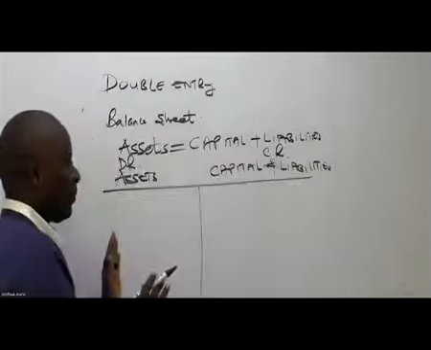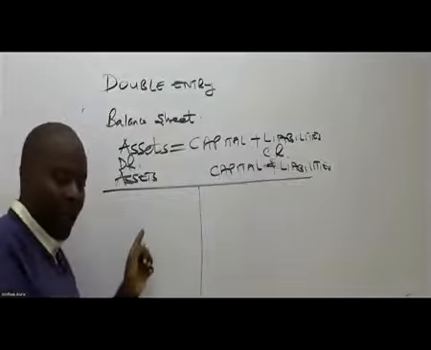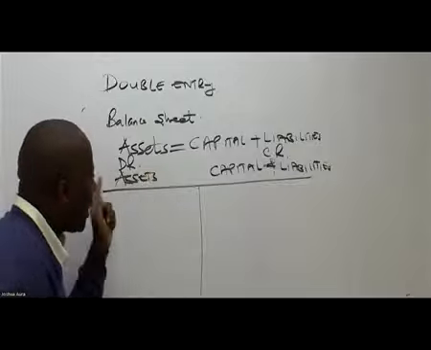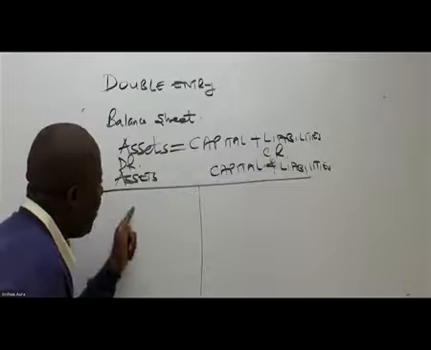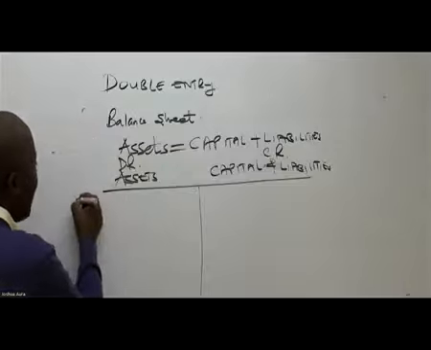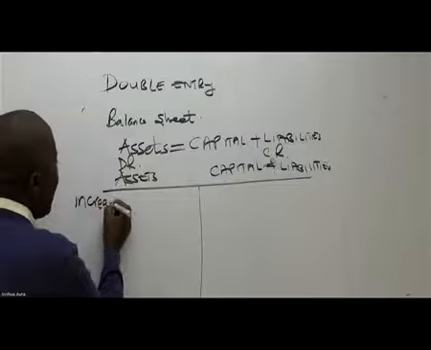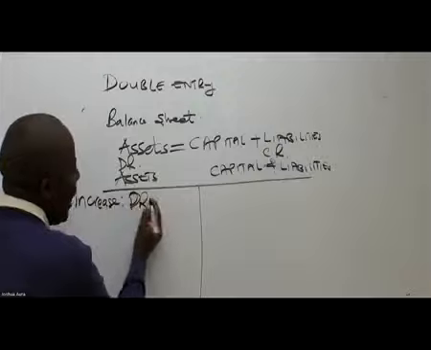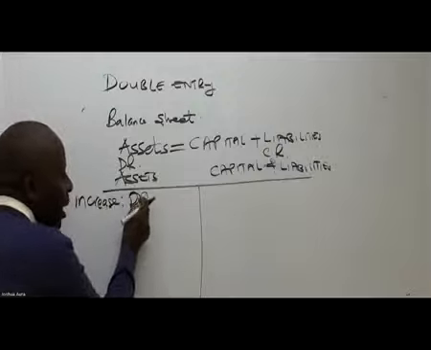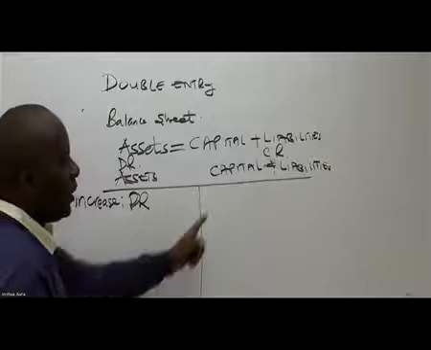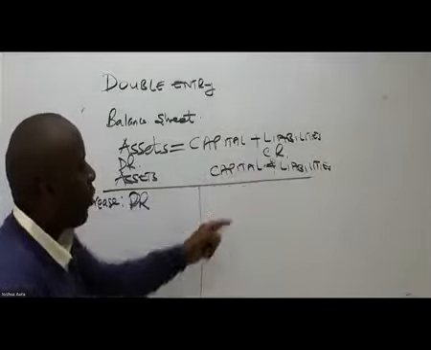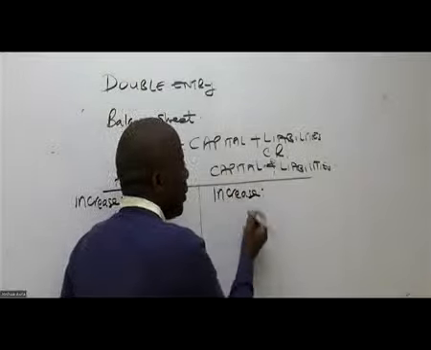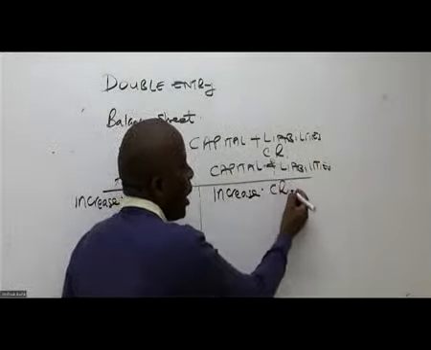Listen, whenever assets increase, we shall always be debiting the particular asset account. The same case with capital and liabilities: whenever we have an increase on this side, we shall be crediting.